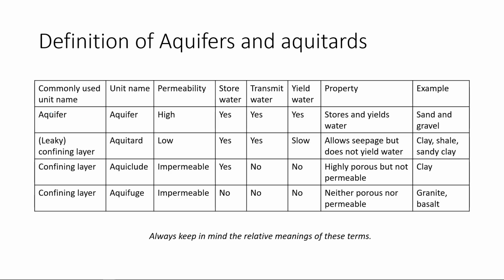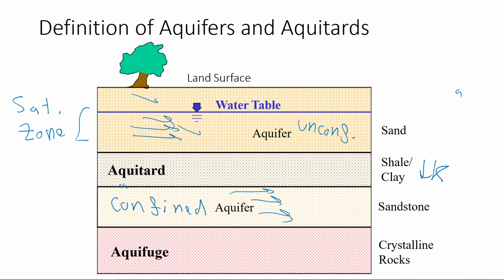So for an aquifer, the commonly used unit name, permeability is high. It can store water, it can transmit water, it can yield water. An example would be sand and gravel. If you want to have a pumping well, you want your pumping well to tap through this unit.